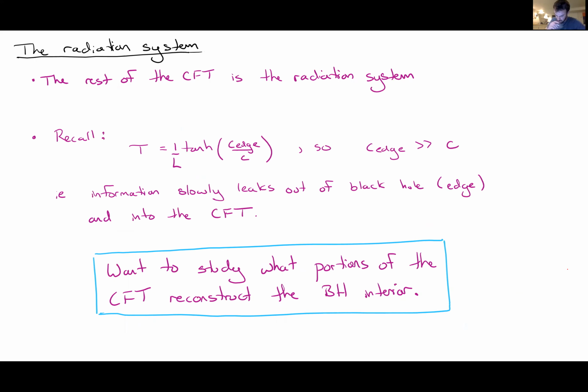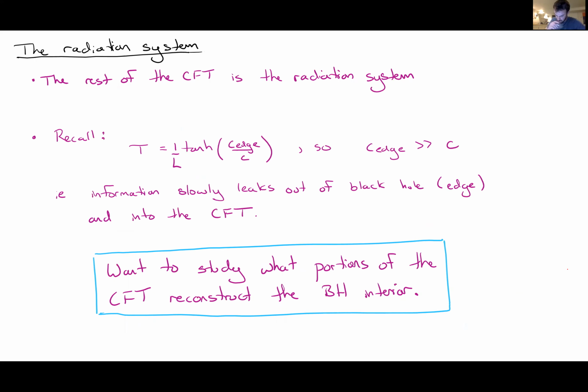And then the final piece is that we're going to say that the rest of the CFT is the radiation system. So we have this edge, which is the black hole. If I wanted to draw the bulk, it'd be some brane here, beyond the brane here, and then information can potentially escape from the edge into the rest of the CFT.